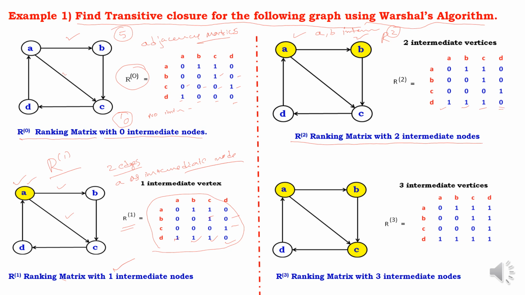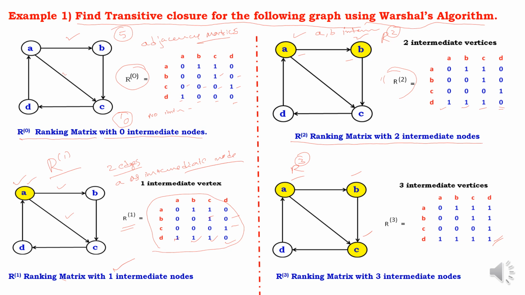So whatever matrix is generated here is the ranking matrix with two intermediate nodes, A, B as intermediate nodes. Now we find R3 with three intermediate nodes, A, B, C. When A, B, C are intermediate nodes, D to D is also 1, the only change.